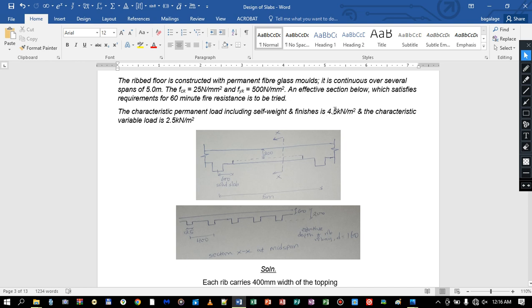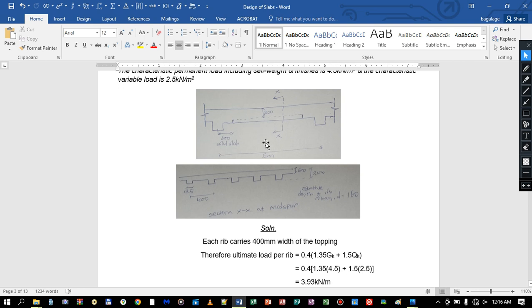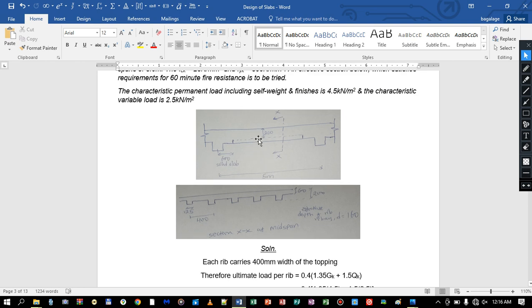So our permanent load is 4.5 and our variable load or live load is 2.5. And here is our section of the slab, the longitudinal section of a slab. This is one span extracted from the slab.